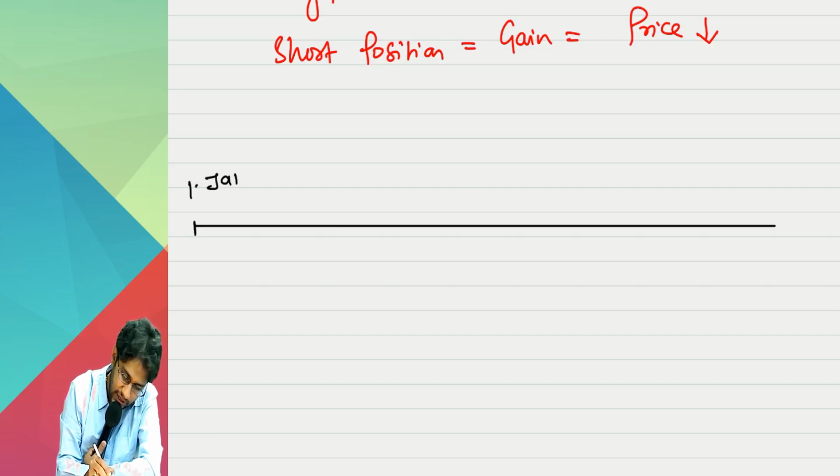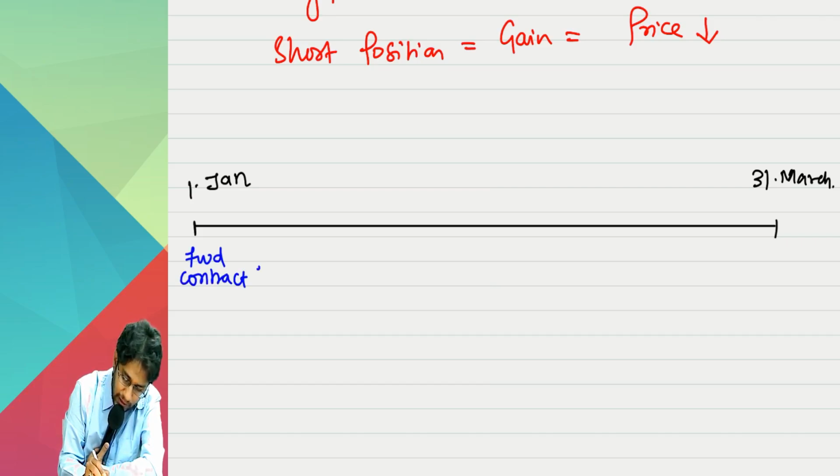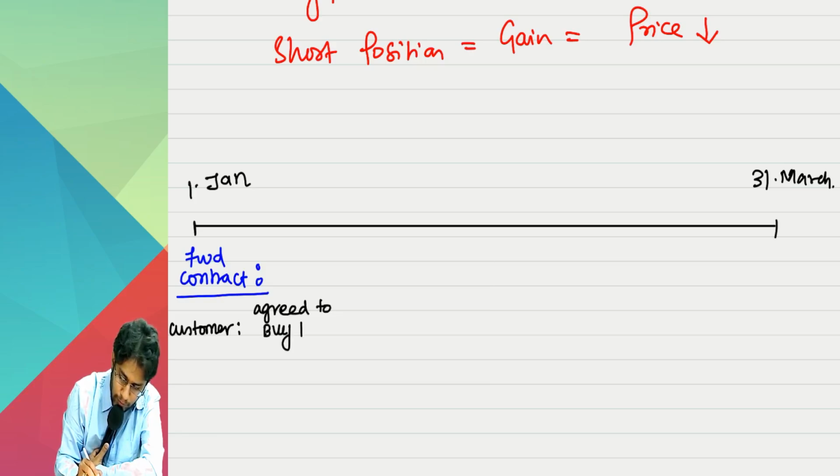Sir, this is 1st Jan. This is 31st March. On 1st Jan, one forward contract is entered between bank and customer. Customer agreed to buy $1,000 at $1 equals, let's say, 70.